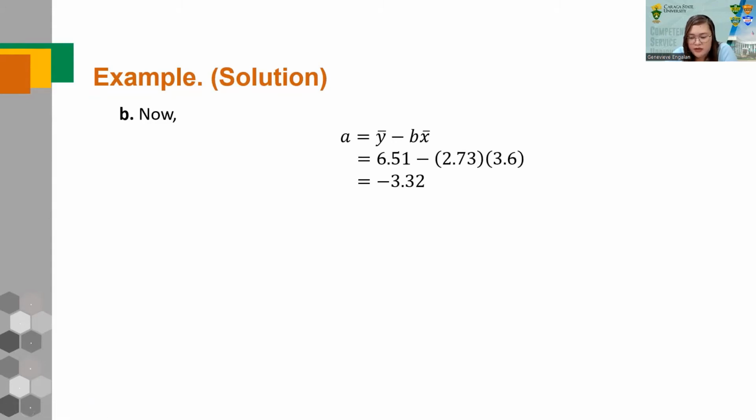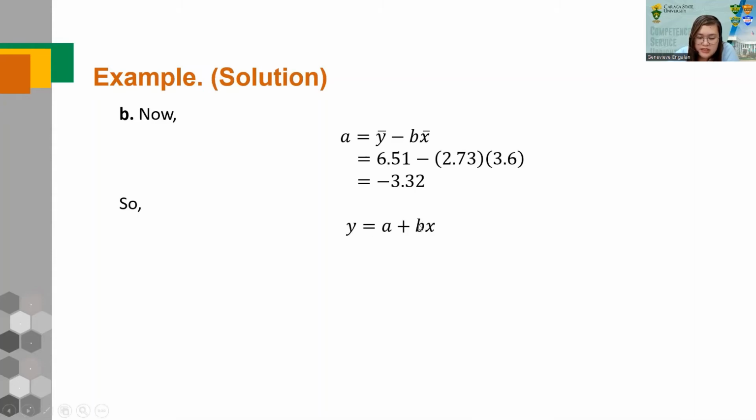Unya, ang formula sa atong least square line is Y is equal to A plus BX. So, ang atong A is negative 3.32. Ang atong B is equal to 2.73.